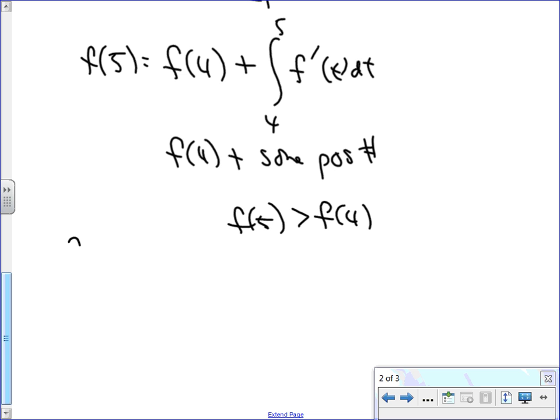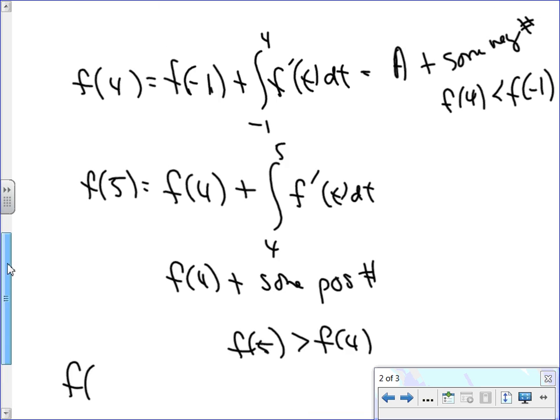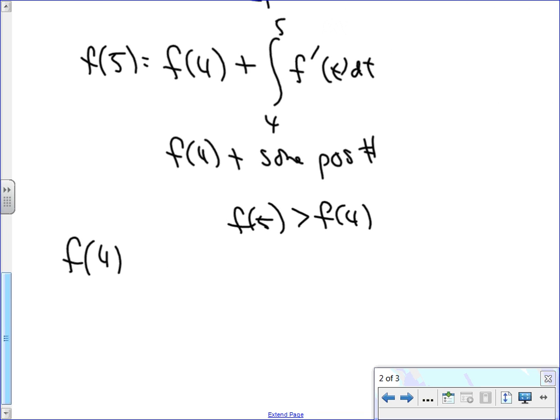I have to get that all together. F of 4 is less than f of negative 1. And I've got f of 4 is also less than f of 5. I've got those two pieces of information from what I've done. And what do I know for sure? F of 4, that is our absolute min, because it's smaller than my other two options.